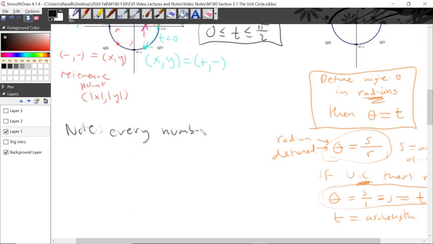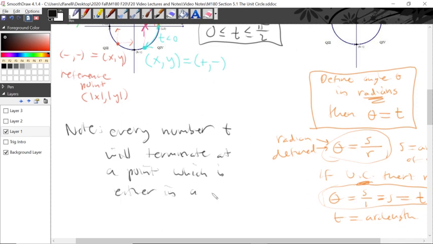Every number t will, let's say, terminate at a point which is either in one of our 4 quadrants or on an axis. If it ends on an axis, we actually would refer to it as quadrantal. So that is, the quadrants themselves do not include the axes.